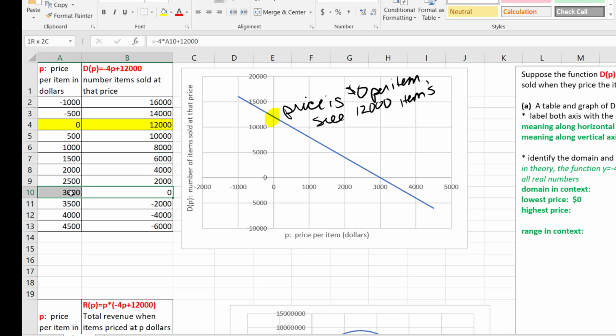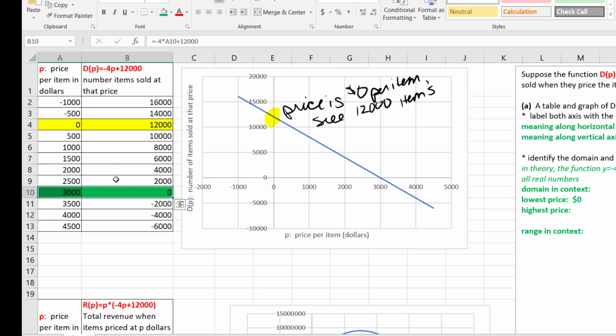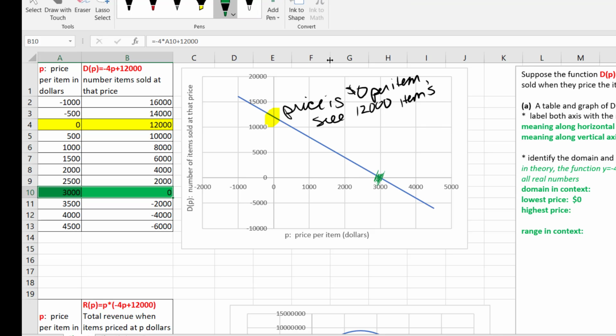I also see in the table the x-intercept. The x-intercept is the point 3,000, 0. That corresponds with this point. At this point on the graph, we're saying if they charge $3,000 per item, then they will sell 0 items.